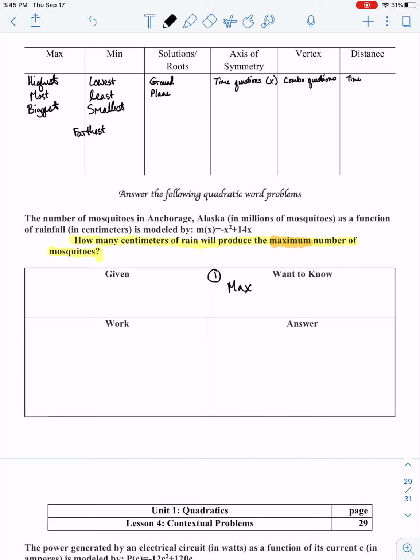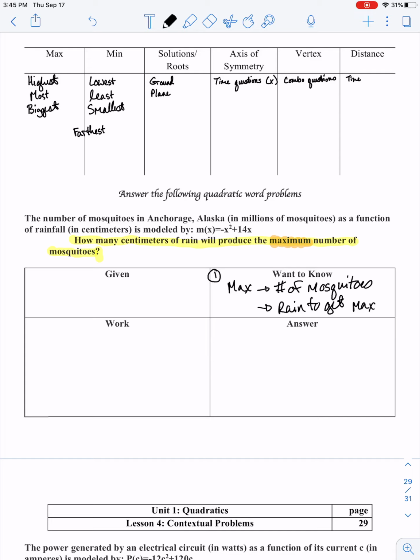So the max. But now what about the max? Is it max number of mosquitoes? Or is it rain to get max?